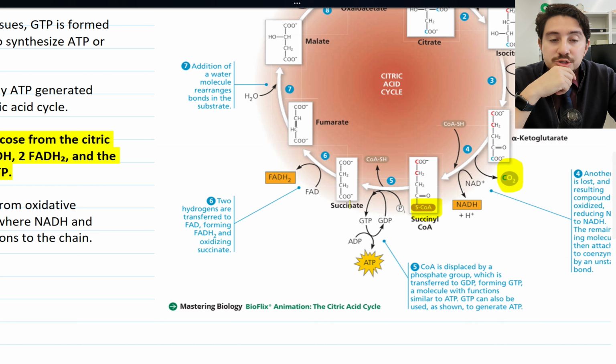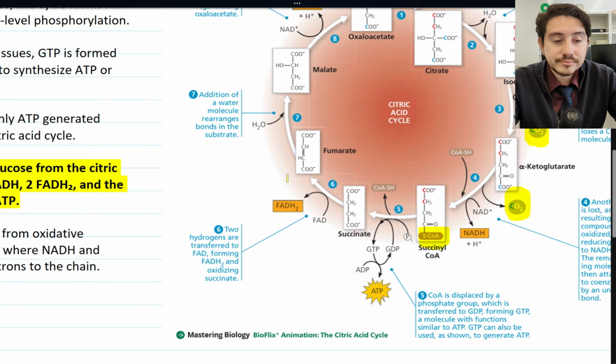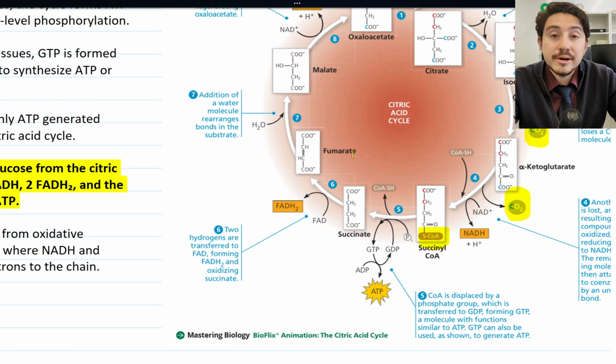Since they're still carrying a good amount of potential energy in the electrons, they pass electrons to FAD, reducing it to FADH2. 2 hydrogens are transferred to FAD, and the molecule gets oxidized into another compound called fumarate.